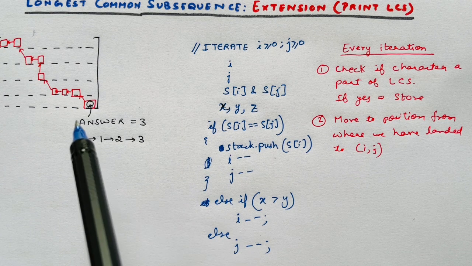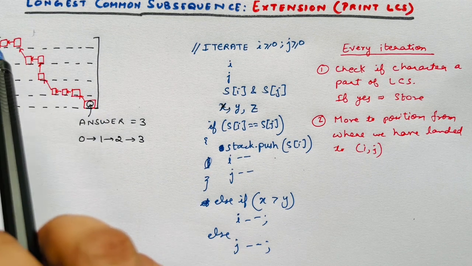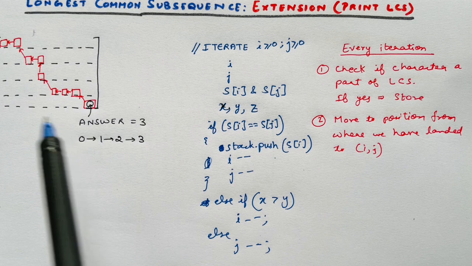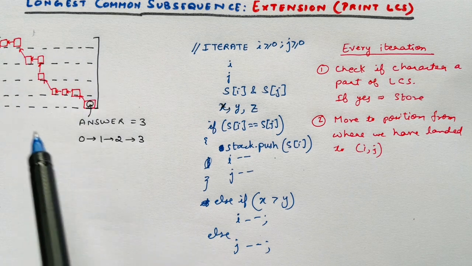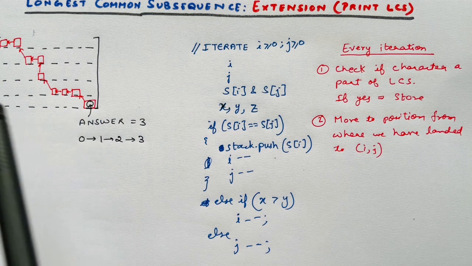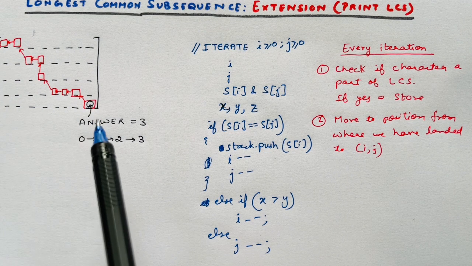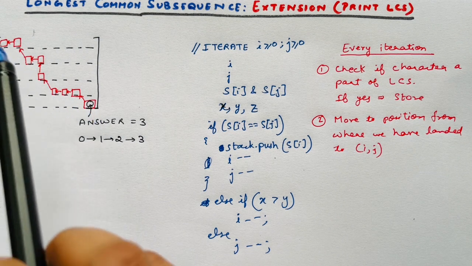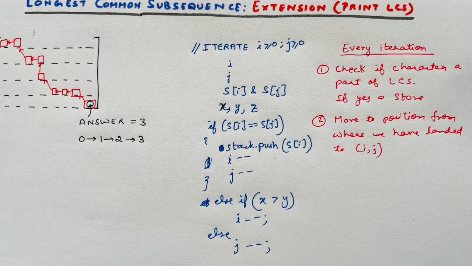The time complexity will be big O of n plus m. It will not be big O of m into n because we are not going through all the elements in the matrix. We are only moving from bottom right to top left, and the maximum number of steps that we can take is big O of n plus m. So this is our final algorithm to print the actual longest common subsequence.